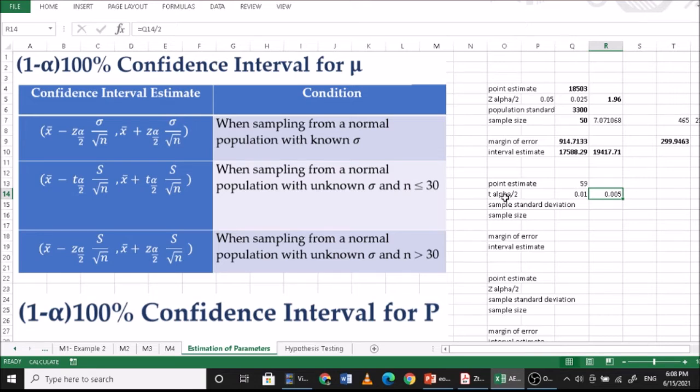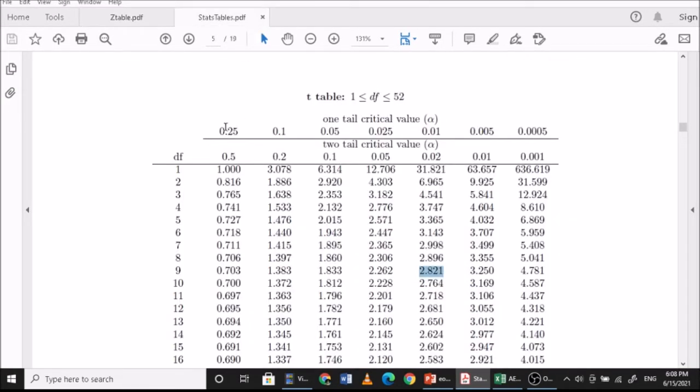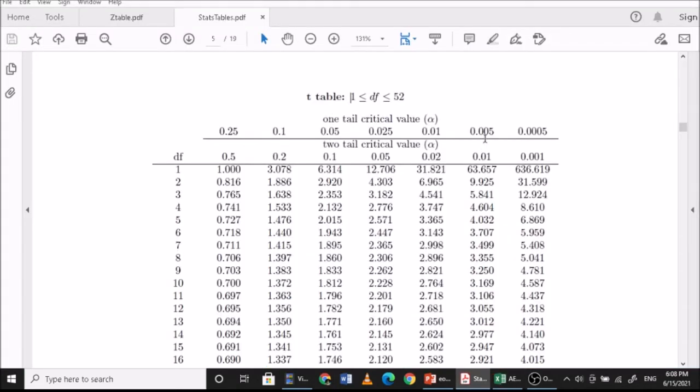For interval estimate, the degrees of freedom is n minus 1. So using your t table, let's use the one-tailed critical value of alpha. In this case, that's 0.005. The degrees of freedom is 10 minus 1, so that's 9.